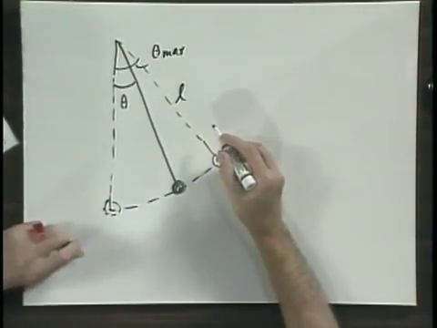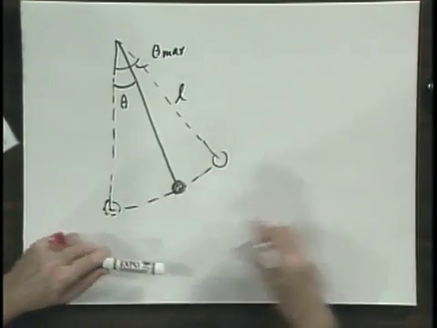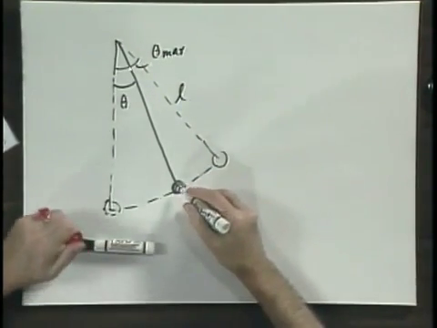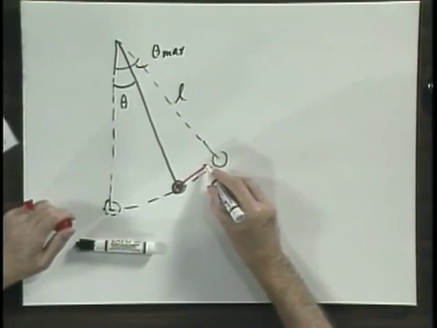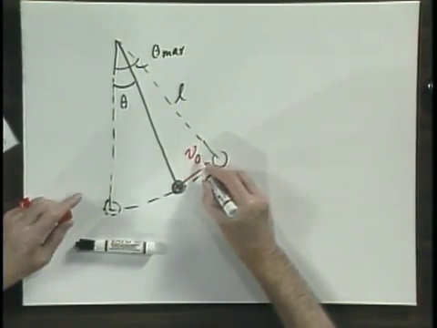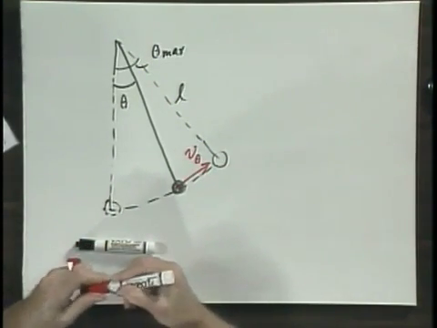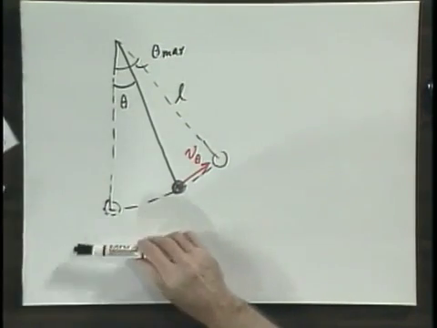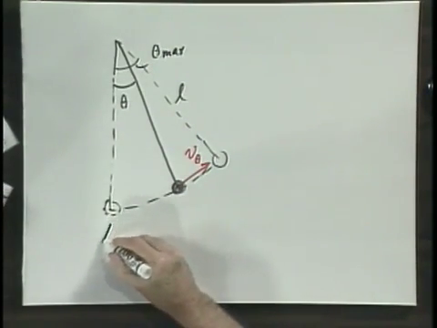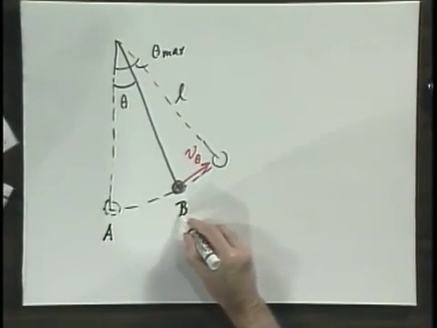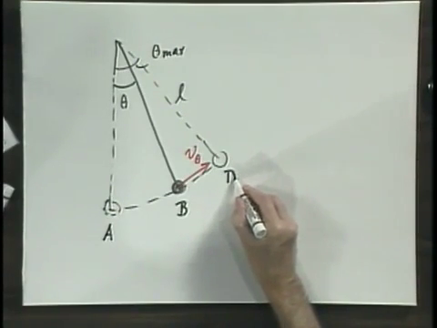There's a length L. And the velocity at this point here, let's call this point B, is v of theta. So we have here point A, equilibrium, point B, and let's call this point D.